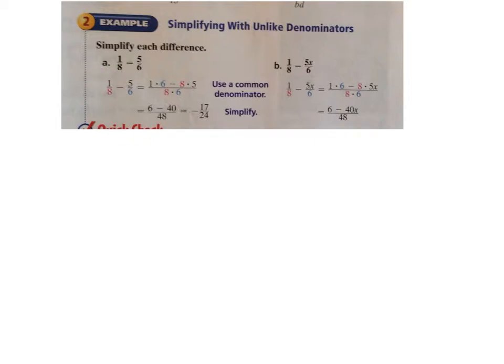I'm going to, myself, instead pick the least common denominator. I know 8 and 6 go into 24. So I'm going to have something over 24 minus something over 24. Now, making those common denominators, 8 goes into 24 3 times. 3 times 1 is 3. 6 goes into 24 4 times. 4 times 5 is 20.